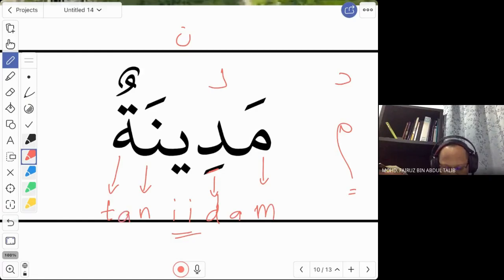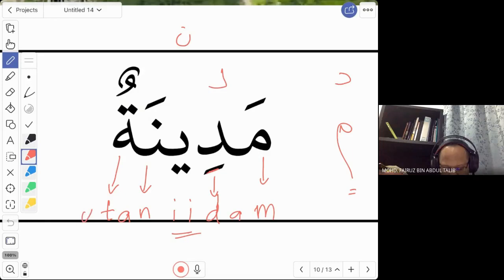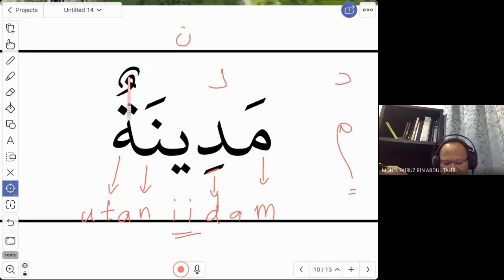And finally the ta, the T. What is this? This is the tanwin, but with a dhamma. Dhamma is U, and the tanwin, what is the sound that you hear? After a tanwin, you should hear a nun sound, an N sound. So you put an N.